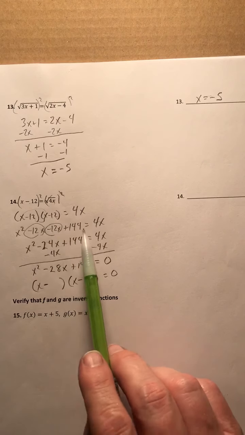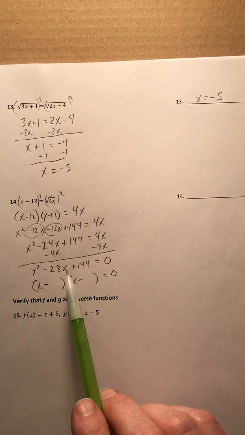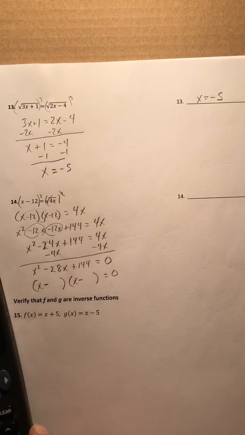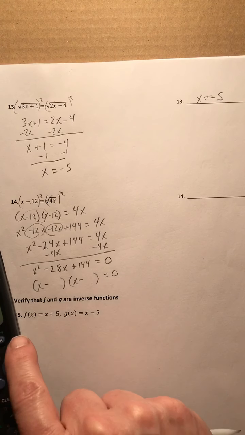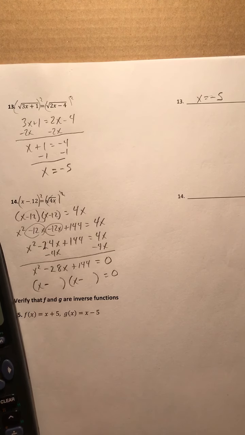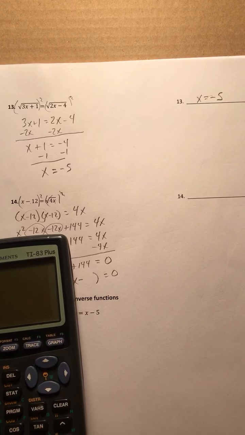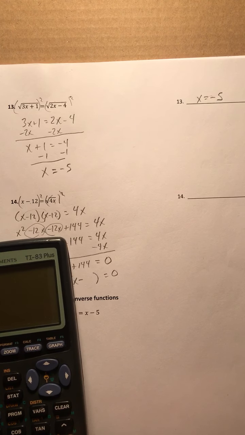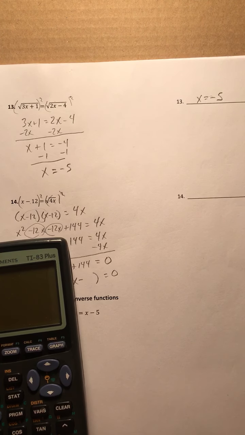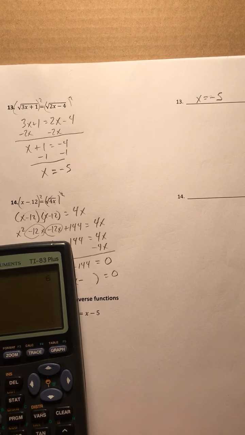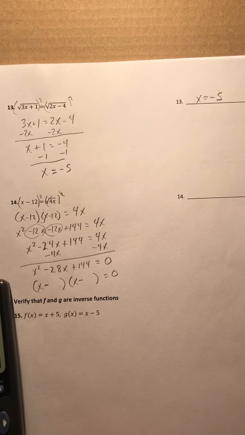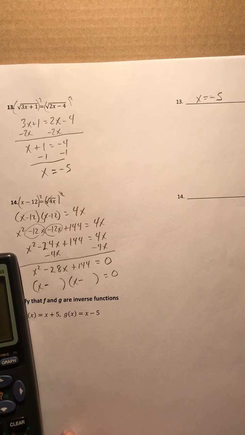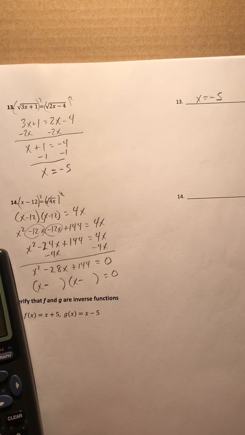Let's try dividing 144 by some numbers. So here we go. 144 divided by 24 gives me 6. So 6 and 24, no, that's not going to get it.